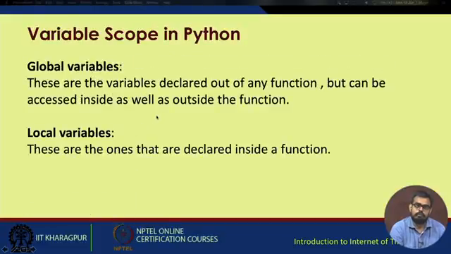So there are two types of variable scopes. One is the global variable, those variables are accessible all across your code, and these variables can be accessed outside as well as inside a function. And local variables, these are the ones which are only declared inside a function and cannot be accessed from outside.